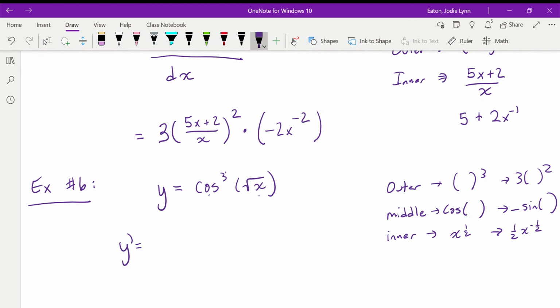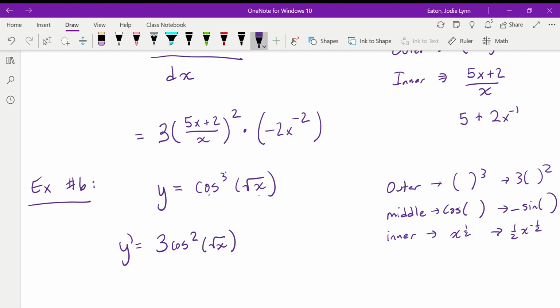So y prime is 3 times stuff squared. So 3 times cosine squared radical x. And you don't really even need these outer brackets. We can just write it like that because we can do the squared right there.